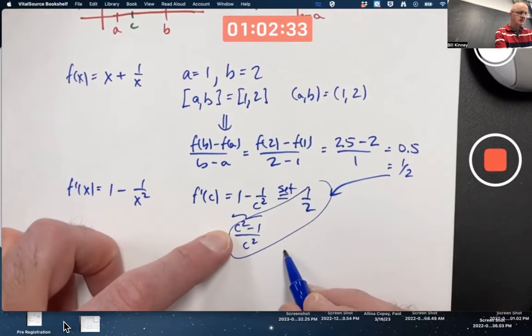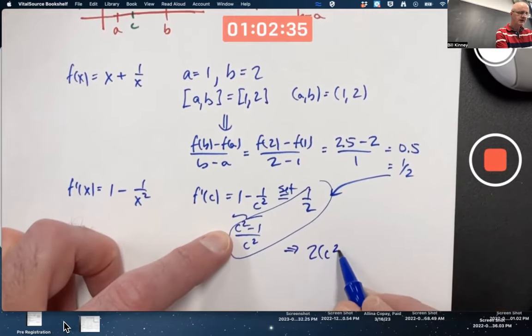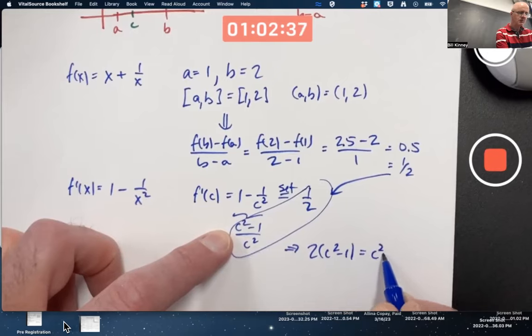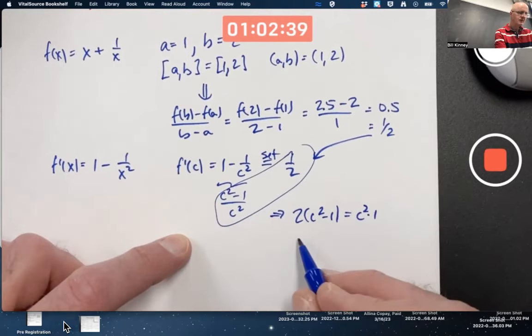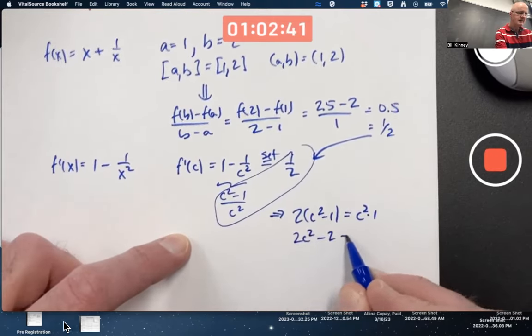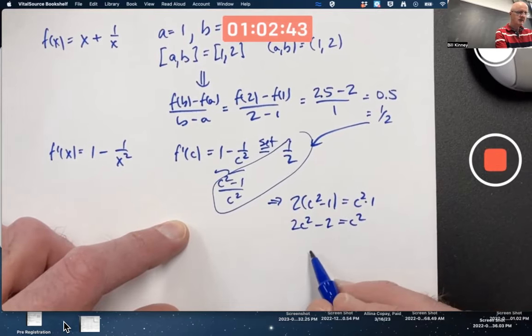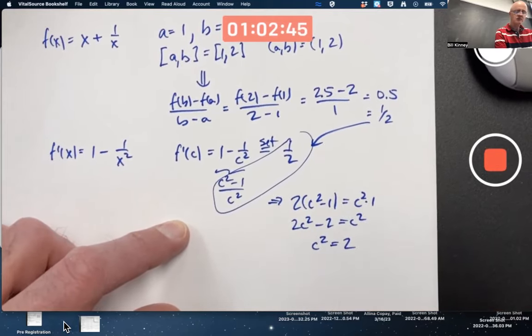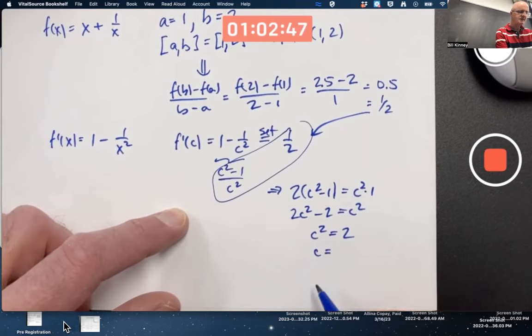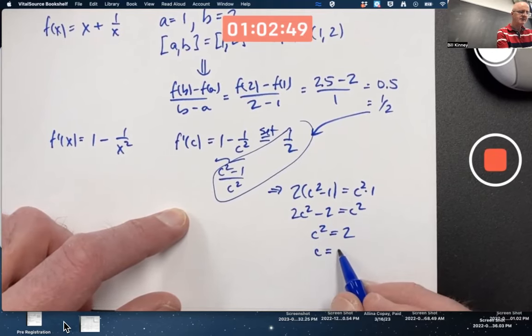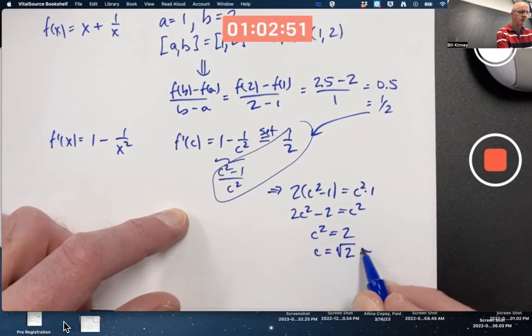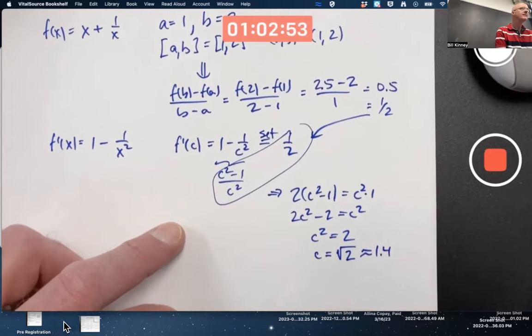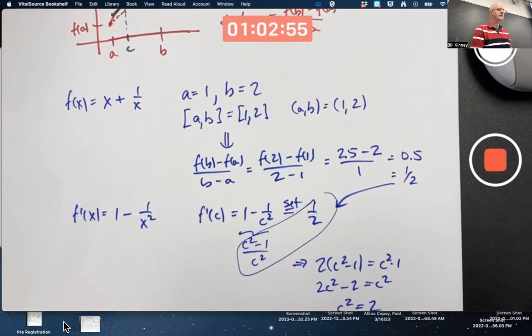So I get 2 times c squared minus 1 equals c squared times 1. Simplify. Looks like c squared is 2. So c, if I want it to be between 1 and 2, must be the positive square root of 2, which is about 1.4. I don't want to take the negative square root because that's not between 1 and 2. So here we were able to solve for c.